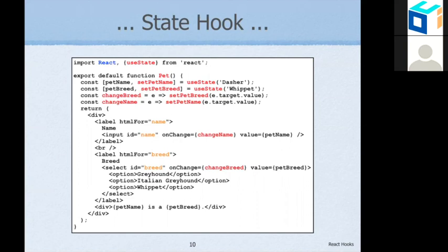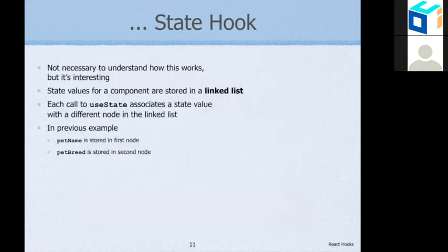It starts out displaying the current value of pet breed, and then if I change what's selected, it's going to call changeBreed. So you see it's very easy here for something that's just a plain function to say what state it wants to use and to set up event handling so that I can update that state when the user interacts with my form.